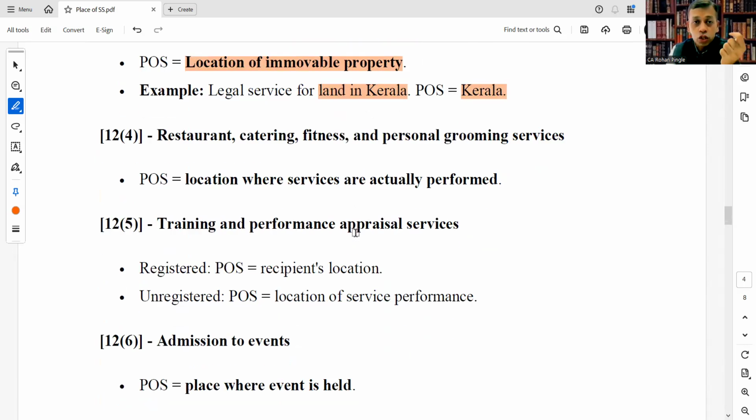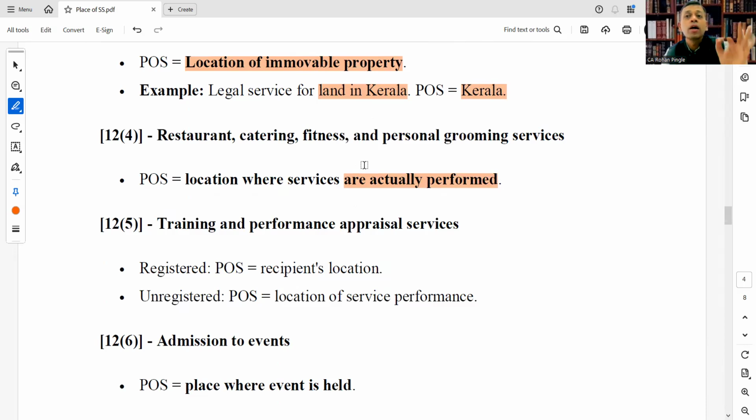Next, section 12, subsection 4. Restaurant, catering, fitness, and personal grooming services. The place of supply is the location where services are actually performed. Let's see an example. If you went to the saloon and availed grooming services, then the place of supply would be the saloon, where the service is performed.